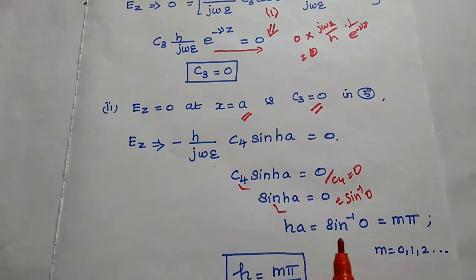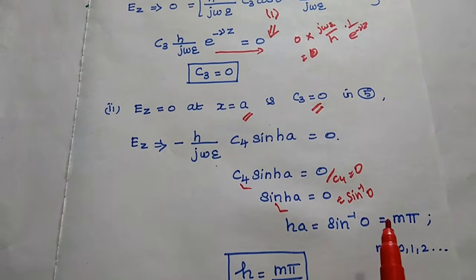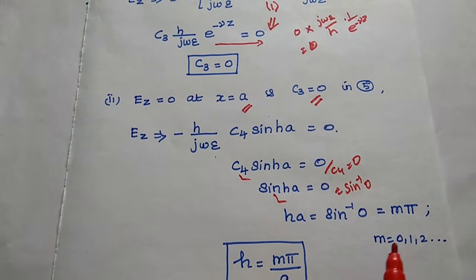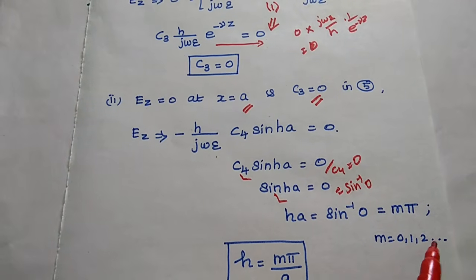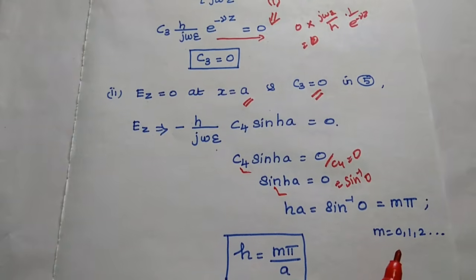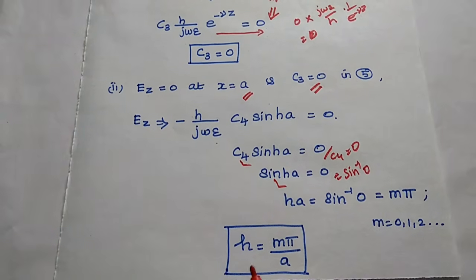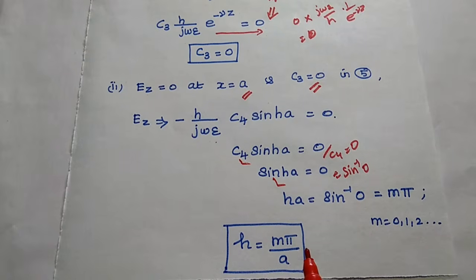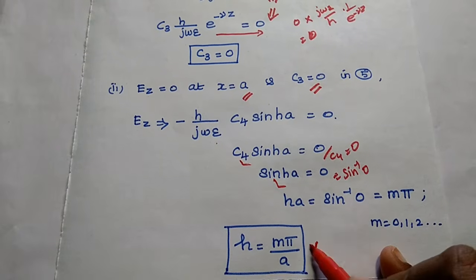So here we can say ha is equal to sine inverse of 0. That value is nothing but m into pi. Here m is nothing but 0, 1, 2, 3 up to infinity. So from this we can get the value of h. h is equal to what now? m pi by a. So this is very important.